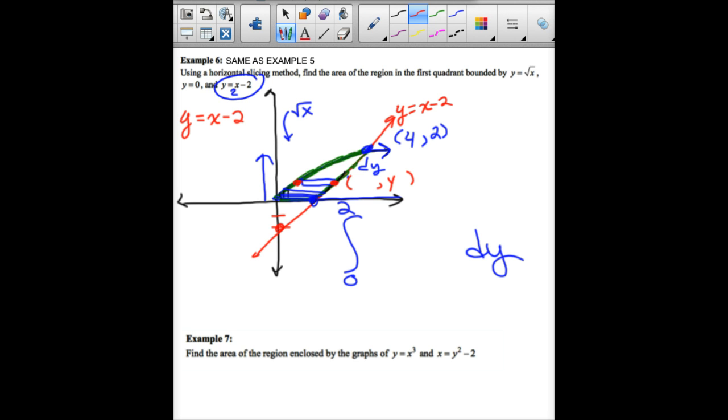So for the line, instead of y equals x minus 2, like life has always told me, x goes in, y comes out, I'm going to change the game. I'm going to say no, x equals y plus 2. Same thing. There it is. That's my right function. It is y plus 2. That's how far out I am on the x-axis.